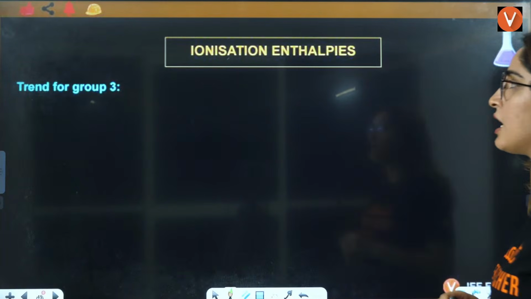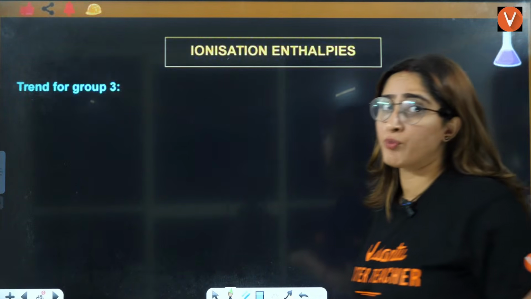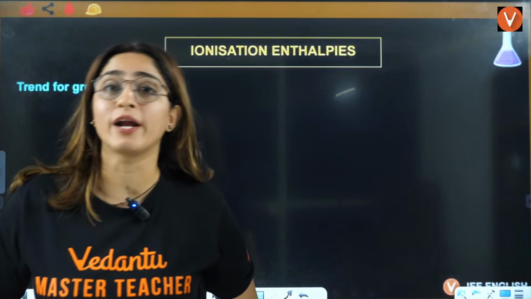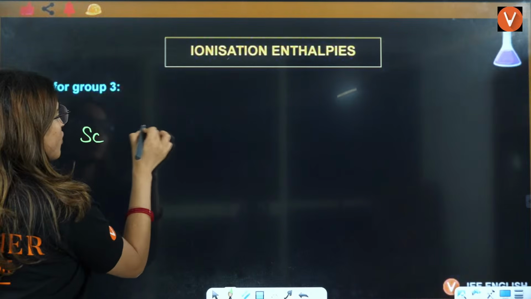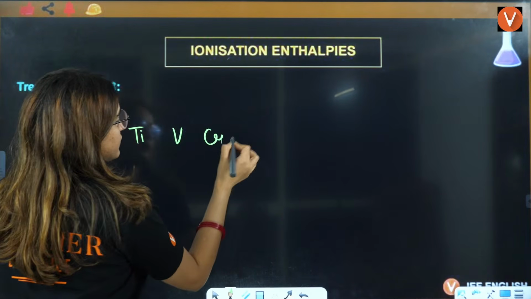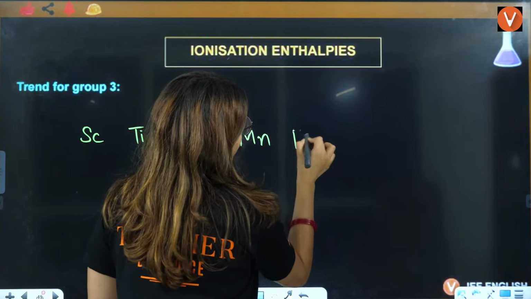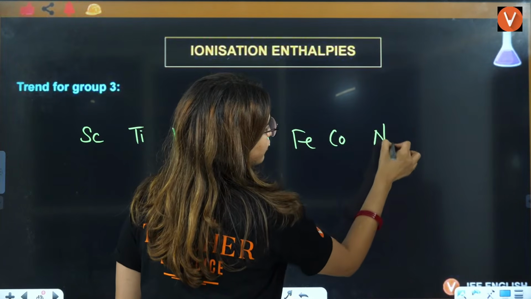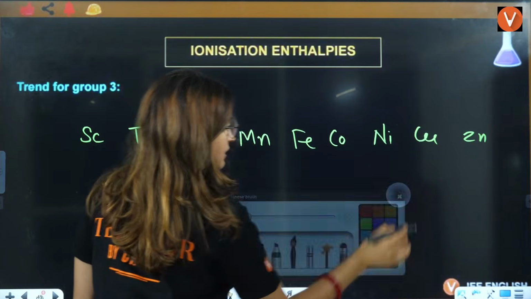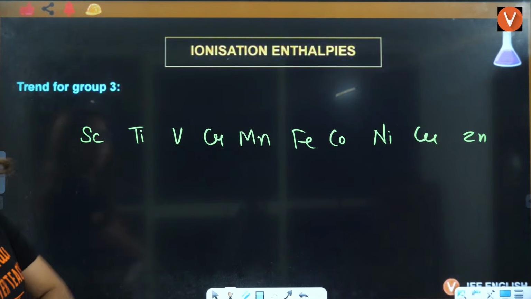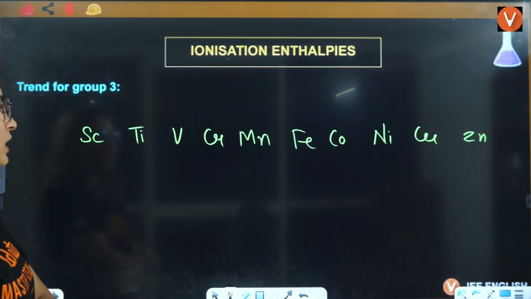Now let's do this ionization enthalpy. Now, what is the trend of group number 3? That is very important because there is some unique trend that it follows. Now tell me one thing.